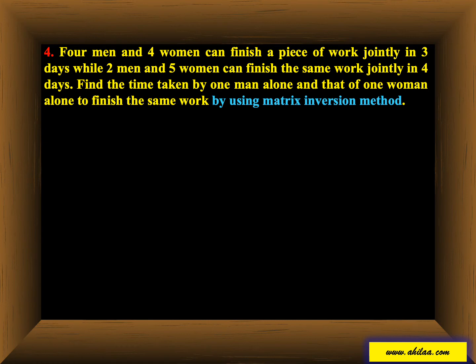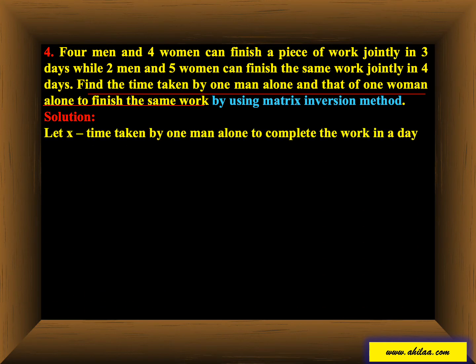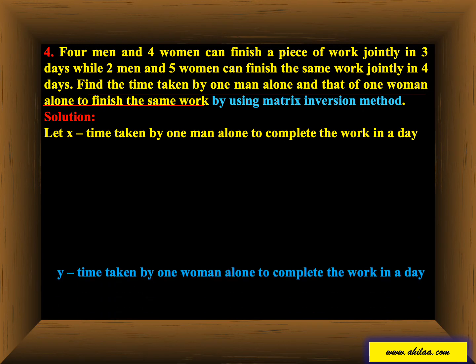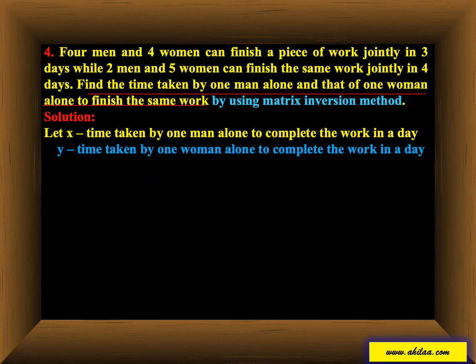What are the variables here? Here the thing to find is time taken by one man alone and that of one woman alone to finish the same work. So let us consider the time taken by a man and a woman as the variables. So let x equal to time taken by one man alone to complete the work and y equal to time taken by one woman alone to complete the work.